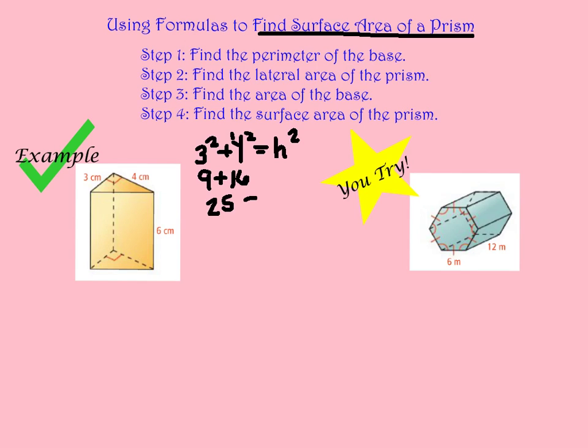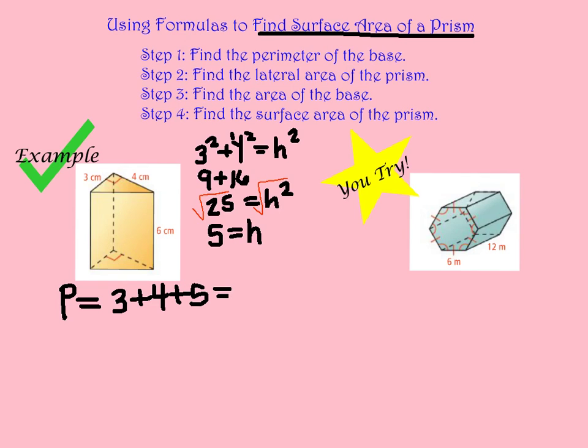So 25 is equal to our hypotenuse squared. And to figure out what h is, we're just going to take the square root of each side. So our answer is 5. And you should have already known that anyways, because 3, 4, 5 is one of our Pythagorean triples. It's one of the most common. Okay, so anyways, our perimeter, P, is equal to 3 plus 4 plus 5. So our perimeter is equal to 12 centimeters.